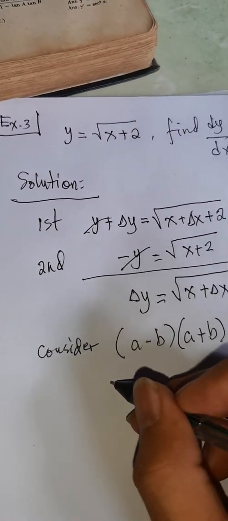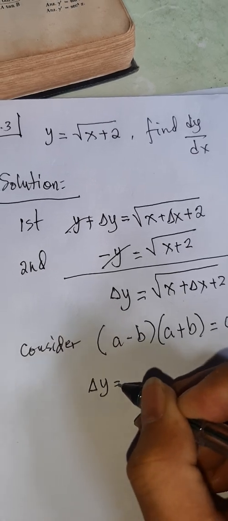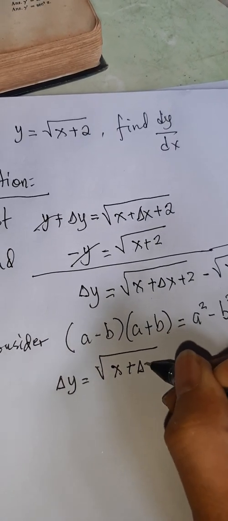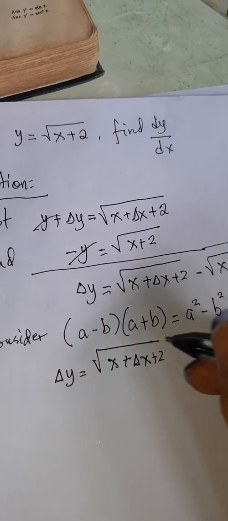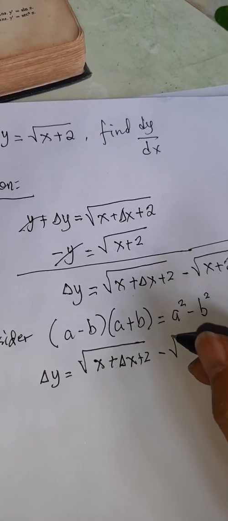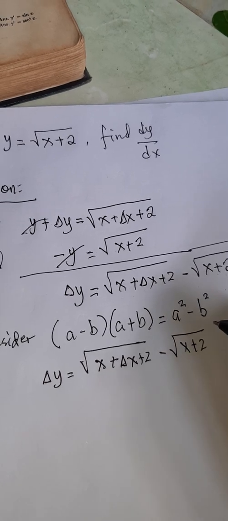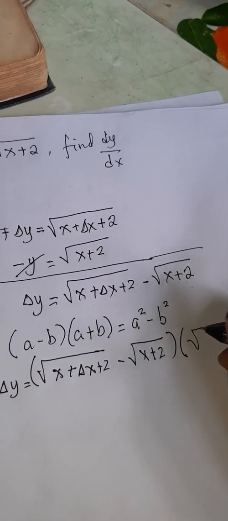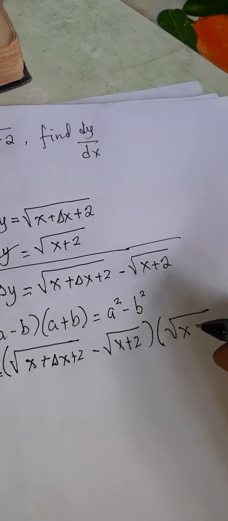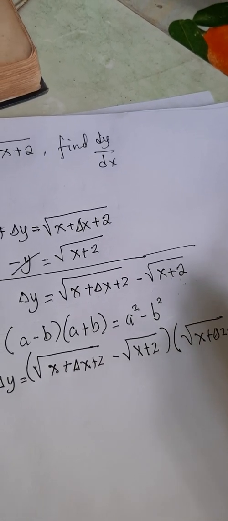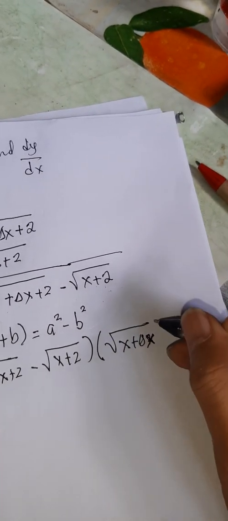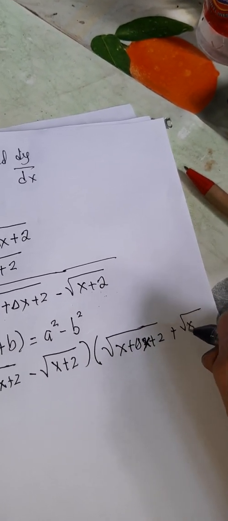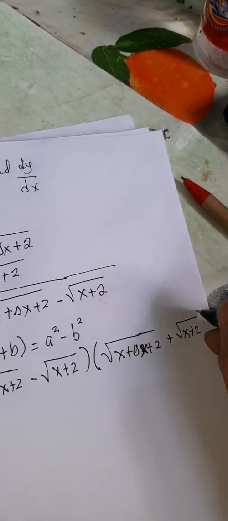That is, delta y is equal to square root of x plus delta x plus 2 minus square root of x plus 2. Kung ito yung a minus b, mumultiply natin to ng a plus b, square root of x plus delta x plus 2 plus square root of x plus 2.